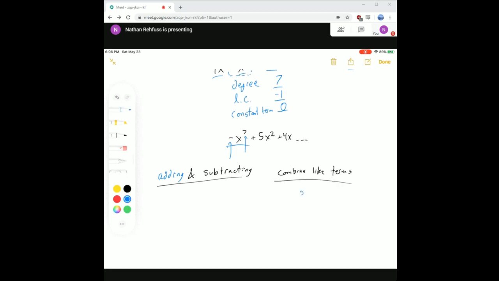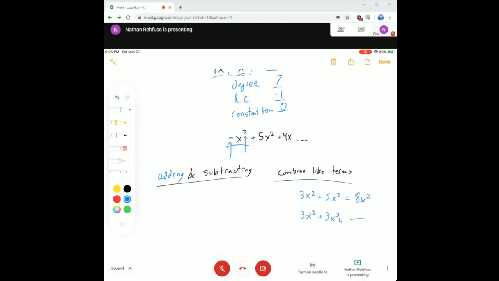For example, 3x squared plus 5x squared is equal to 8x squared. But 3x squared plus 3x cubed is already simplified. There's nothing more I can do to that because x squared and x cubed are not the same power of x, so they're not like terms.